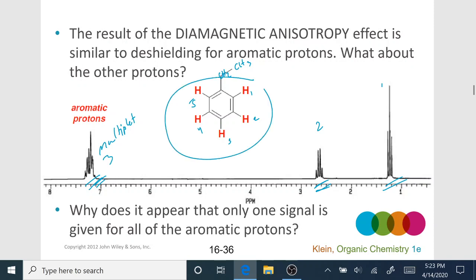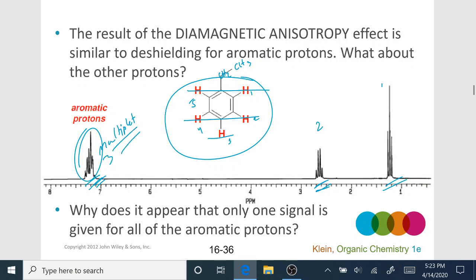Now we're seeing a signal as a multiplet for all of these because it's difficult to tell the difference between them. But some instruments are powerful enough that we can blow that up and get a different signal for these hydrogens. We actually would have 1, 2, 3 signals for those hydrogens on the benzene ring, but sometimes we can't distinguish between those because we don't have good enough resolution, and so we'll see just a multiplet on that benzene ring.